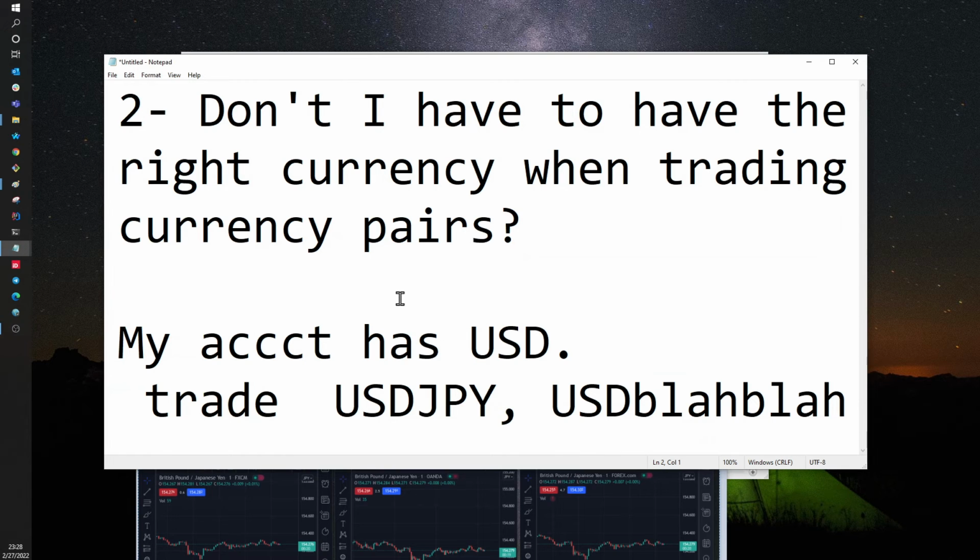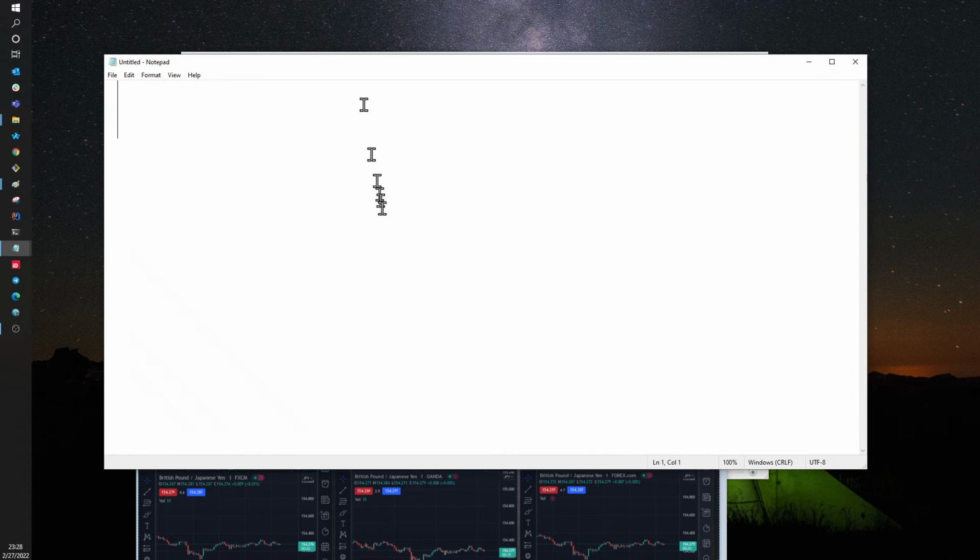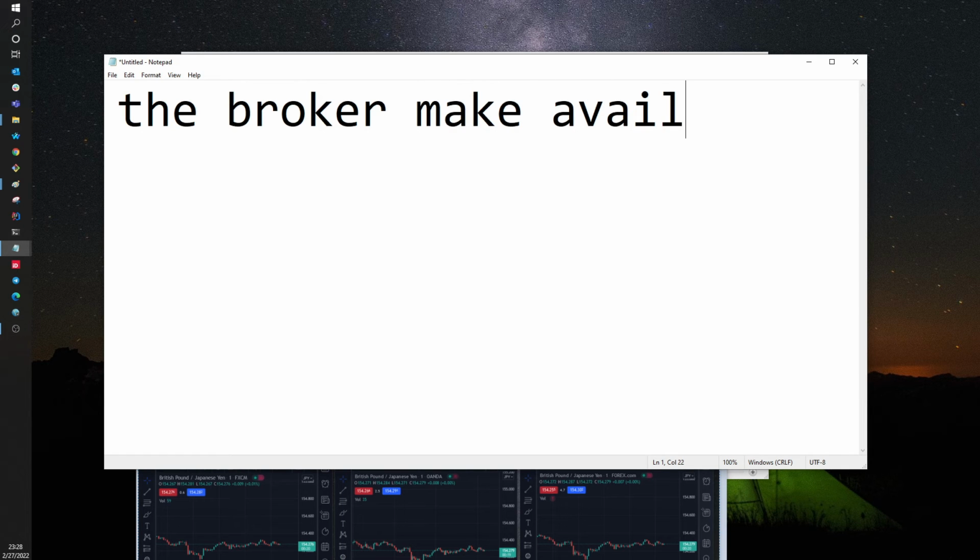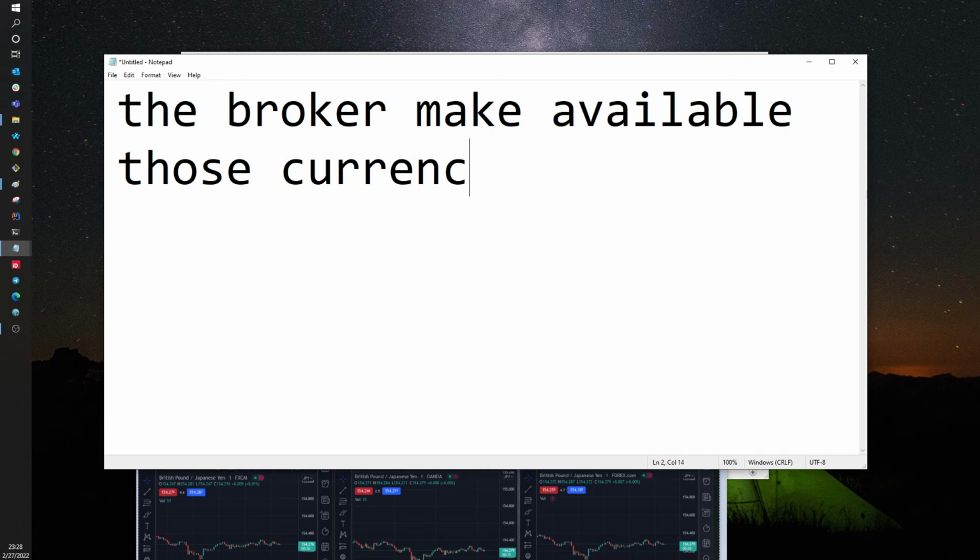What matters is that the broker you're using makes those currency pairs available to you. That's what matters, not the denomination that you have in your account.